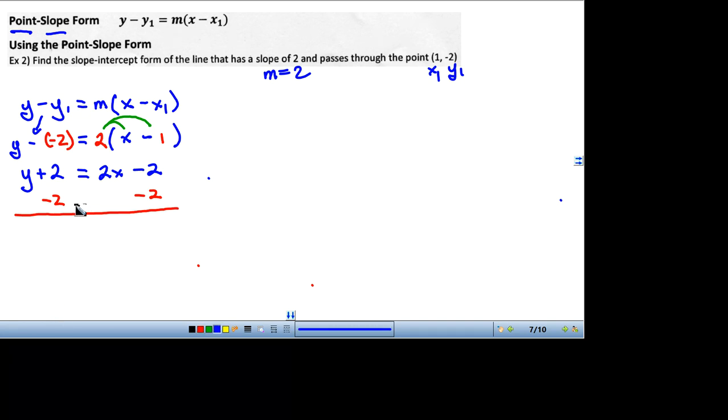So I end up with, this cancels out, so y equals 2x minus 4. And that is the slope-intercept form of the line that passes through the point 1, negative 2 and has a slope of 2.